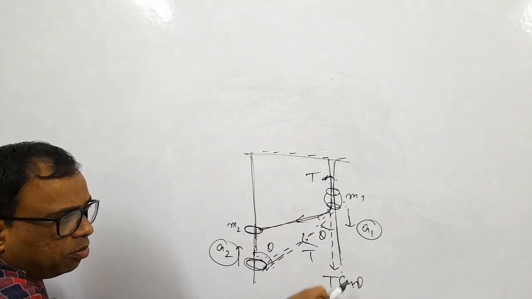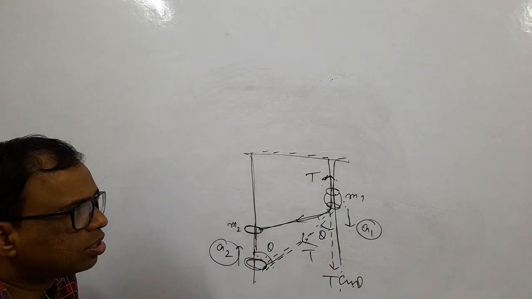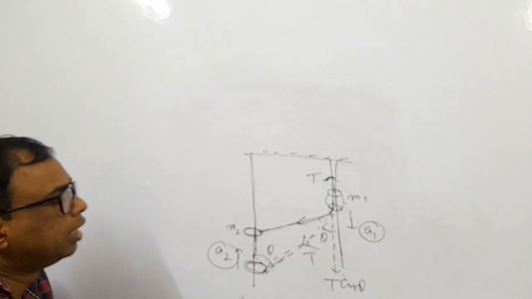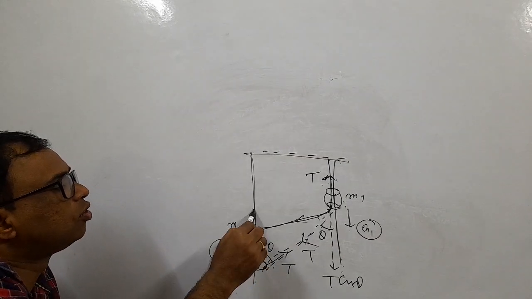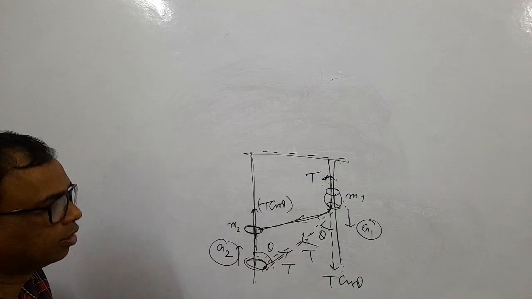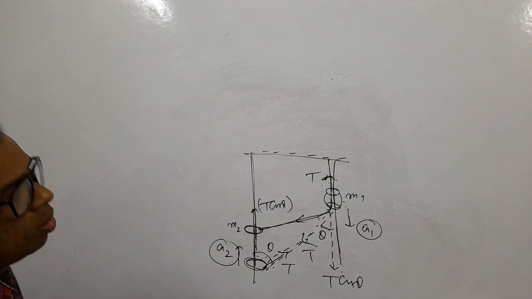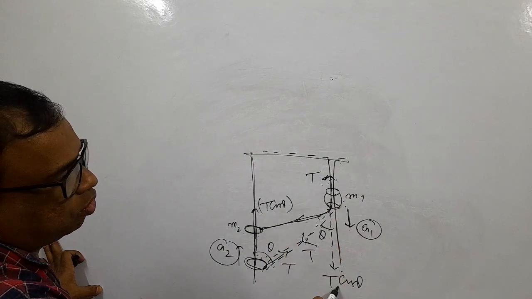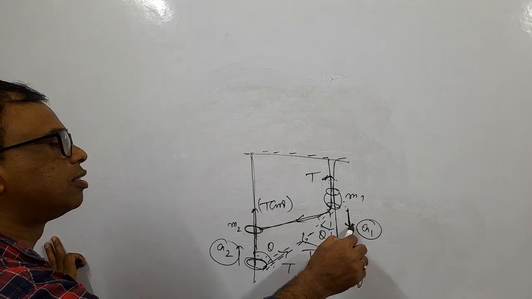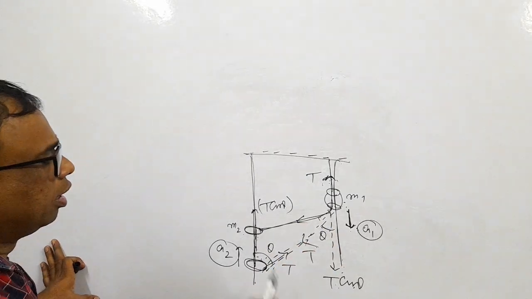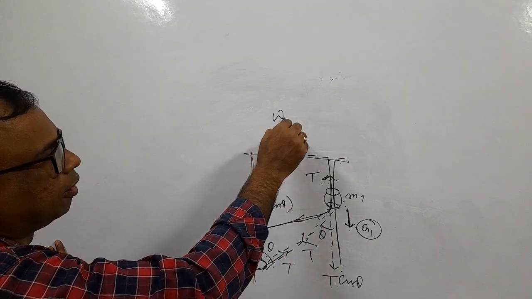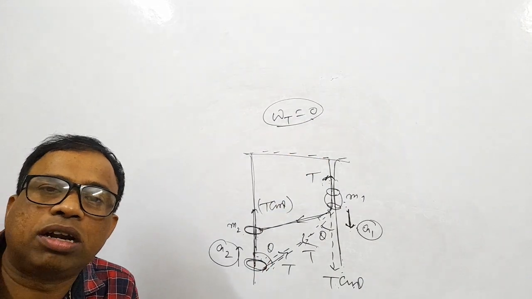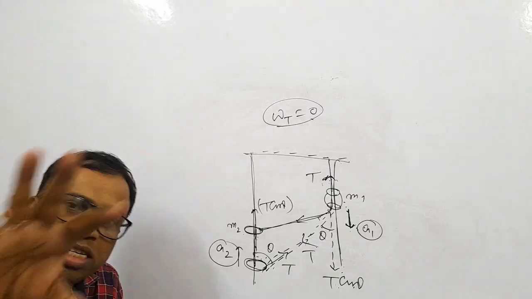So the effective tension of M1 is T minus T cos theta, and another tension here is also T cos theta. If the body moves downwards against this tension T cos theta, the work done by the tension is 0, because we know tension is an internal force and the work done by tension is always 0 in the system.